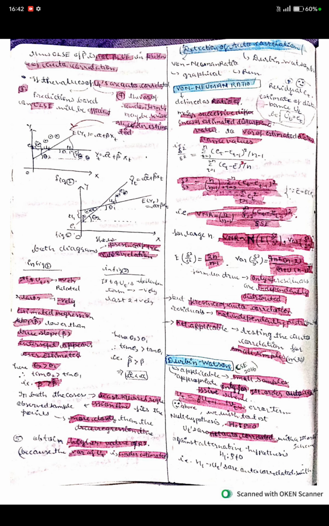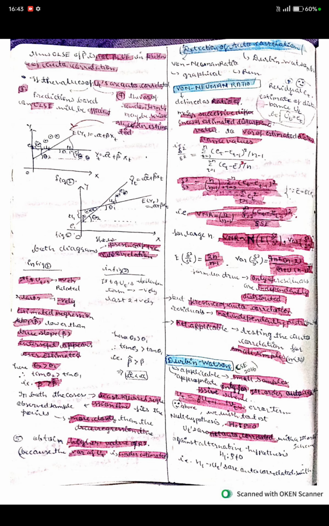Here theta 2 is greater than theta 1. Therefore tan theta 2 is greater than tan theta 1. This means beta is greater than beta cap. And in the second figure, the first 4 disturbance terms are negatively correlated and the last 2 are positively correlated. Here the estimated regression slope beta cap is greater than the true slope beta.